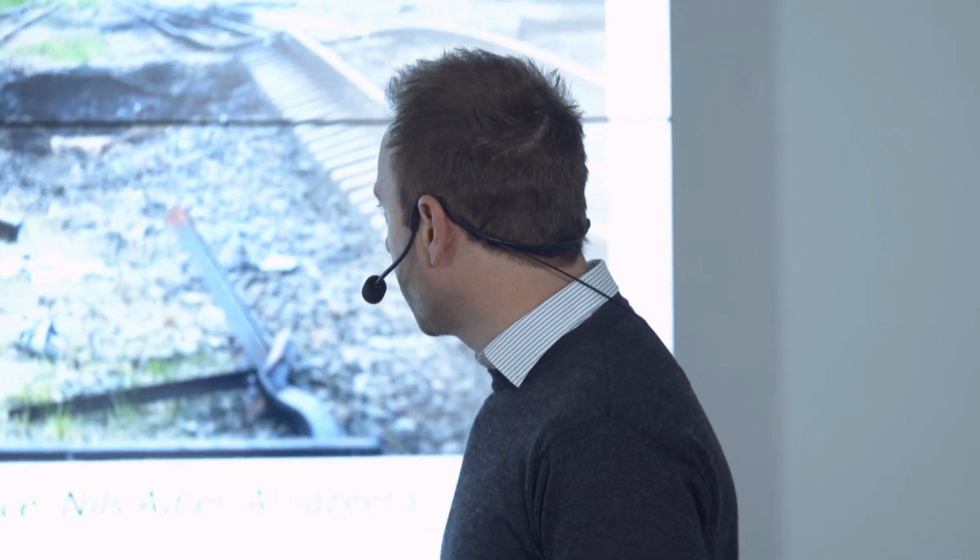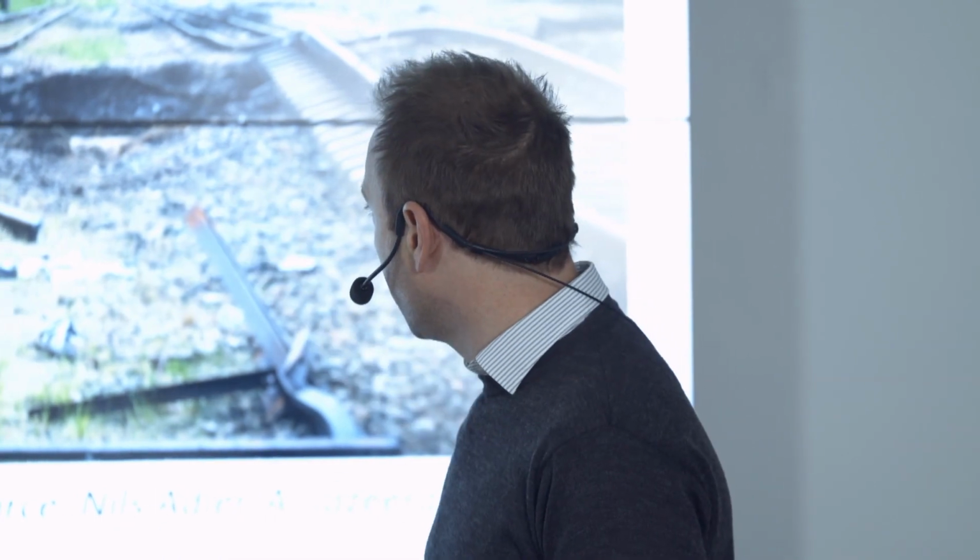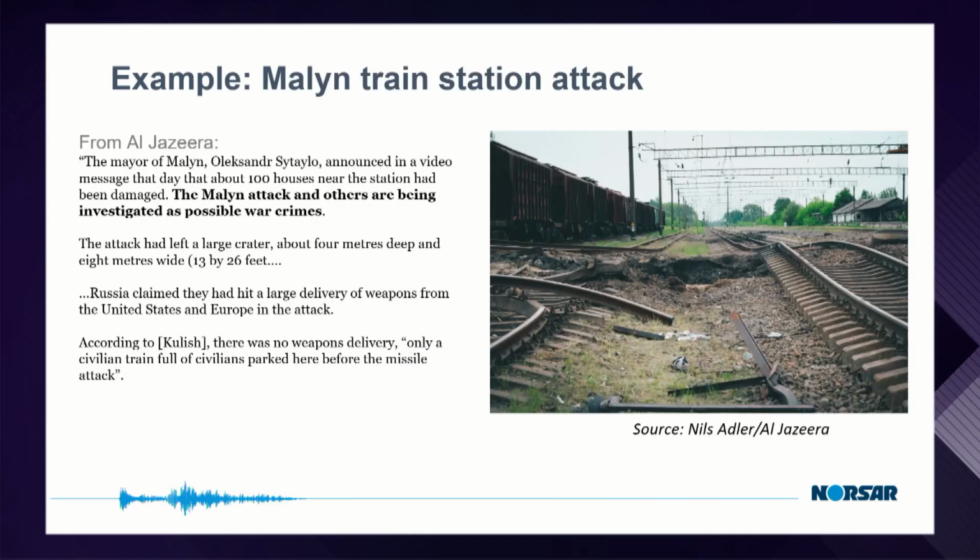And this is now a photo showing the aftermath of this attack. There's a large crater by the train station, and some reports from the media that this has been investigated as a possible war crime. The Russians had claimed that there was a convoy of weapons within a train at the station that had been attacked.